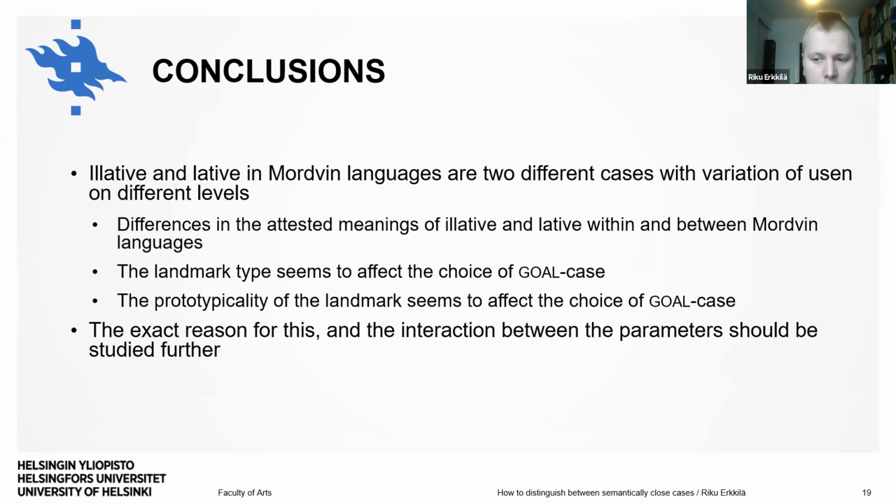So that is one parameter that definitely affects the choice. And to some extent the prototypicality of the landmark also seems to affect the choice. However, because relational nouns, which always take lative, express more unprototypical landmarks, it affects the results a little.